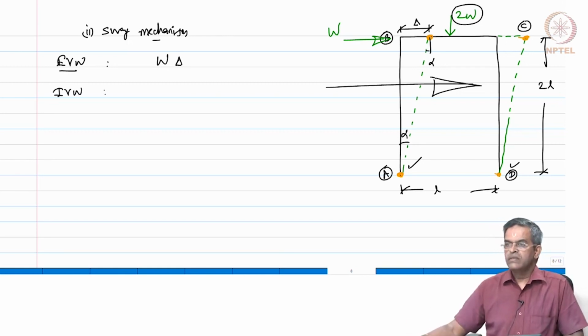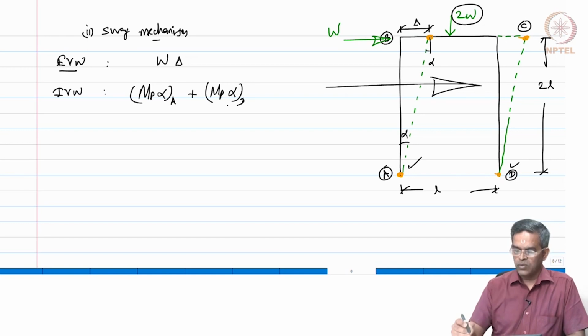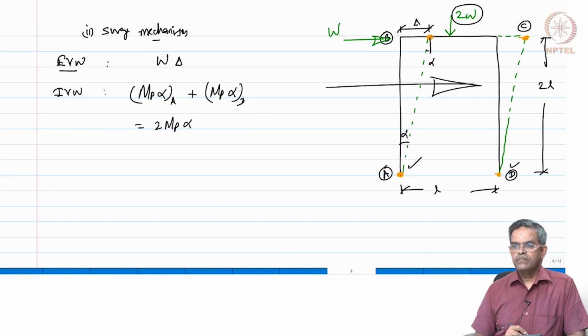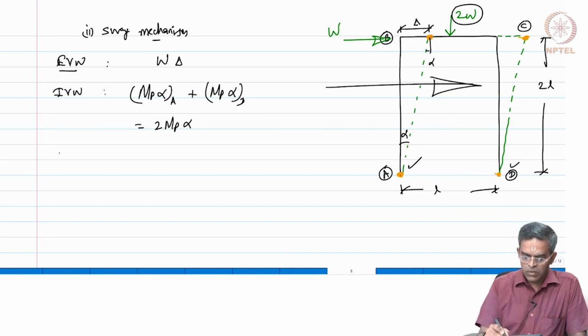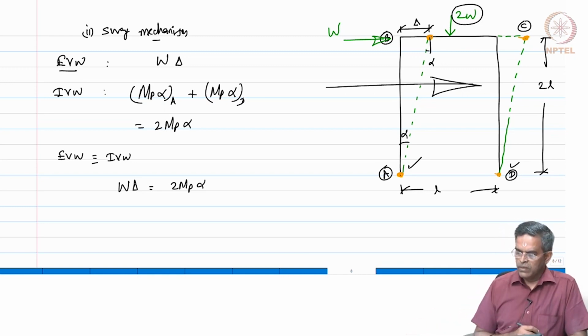Therefore, I can now say the internal virtual work is Mp into alpha at A plus Mp into alpha at D. So, can I say this as 2 Mp alpha? So, external virtual work equated to internal virtual work, W into delta should be 2 Mp alpha, but alpha and delta are related.